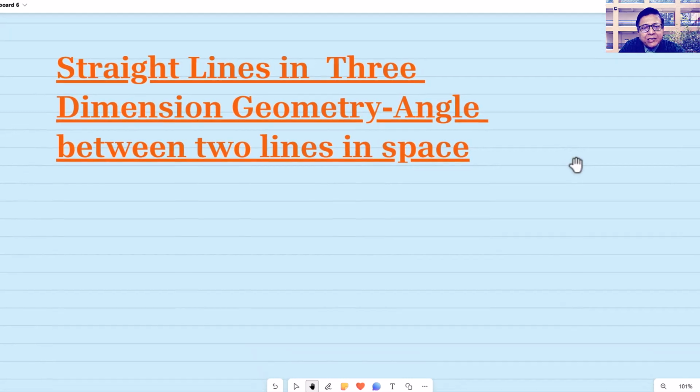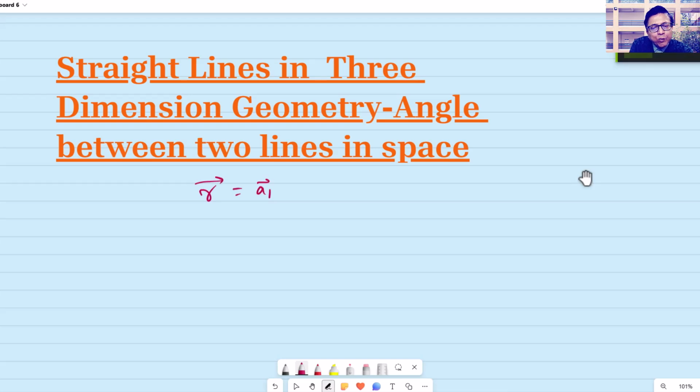So, let me start with the vector form of two lines. Let two lines be r equal to a1 plus t b1 and r equal to a2 plus s b2. These t and s are scalars. I need not explain. a1 is a point on the first line.